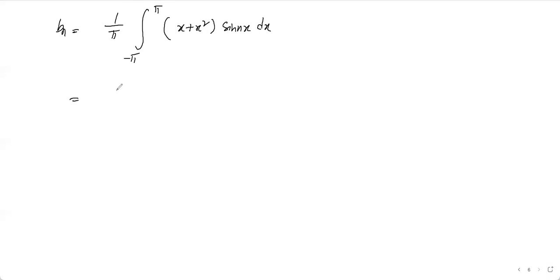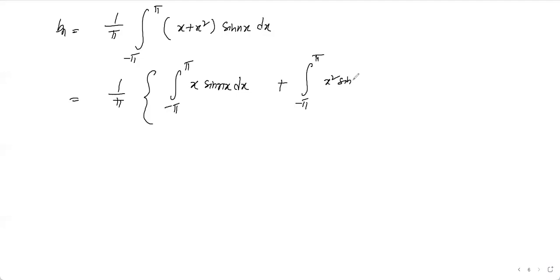So this would be 1 by pi integral minus pi to pi x sine nx dx plus integral minus pi to pi x squared sine nx dx.